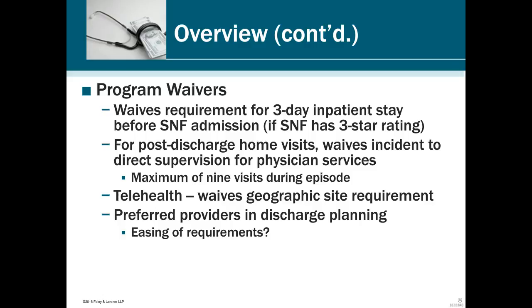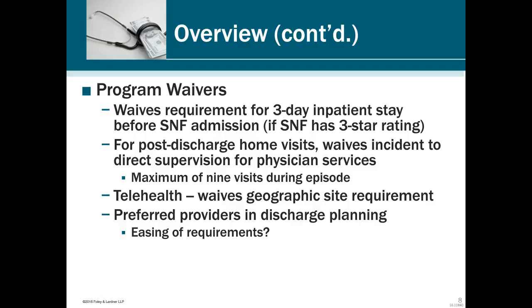There's also a waiver of the telehealth geographic site requirements to promote the use of telehealth in CJR episodes. And there also is an easing of the requirement, at least I believe it's an easing, of the requirement of preferred providers in discharge planning.